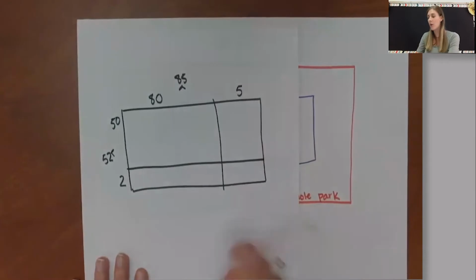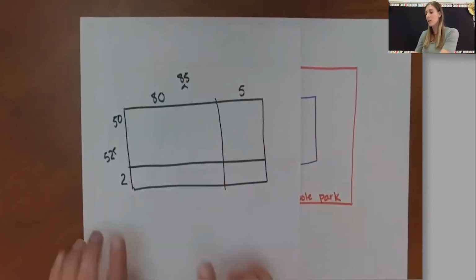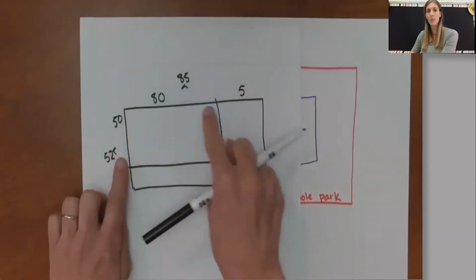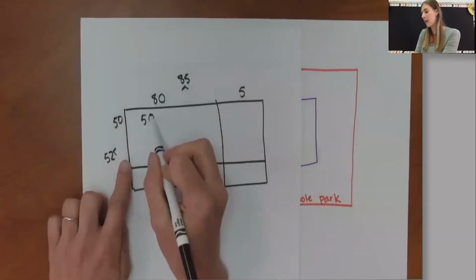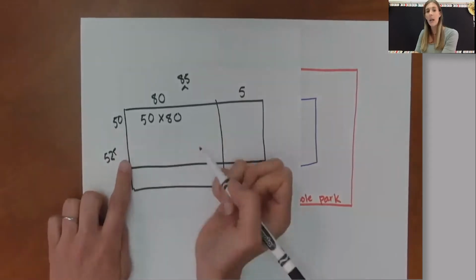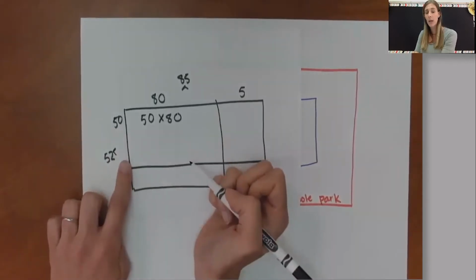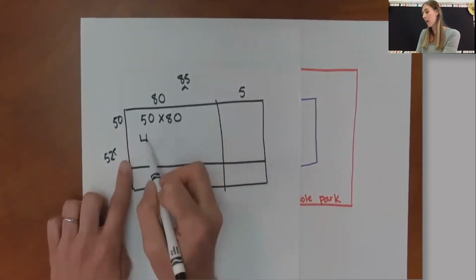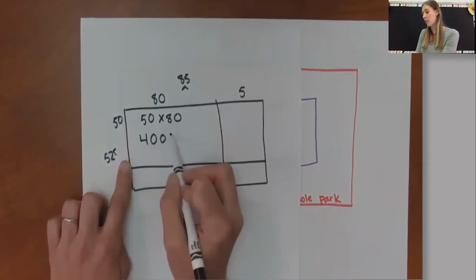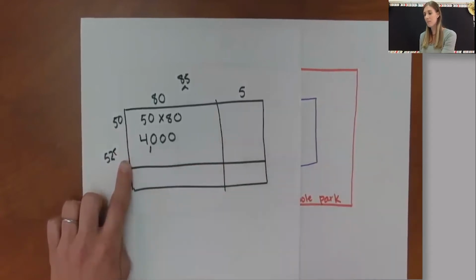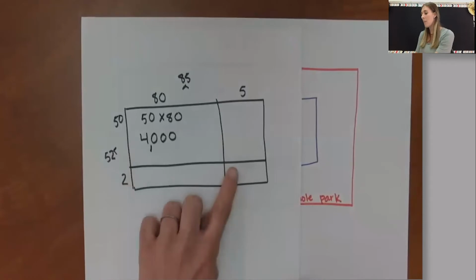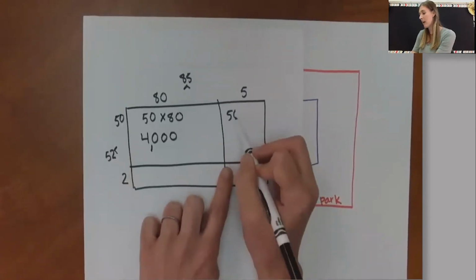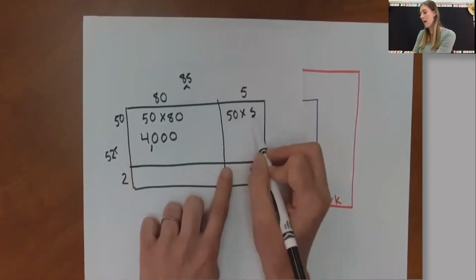And then I'm going to go through and find my partial products so that I can find the total product. So I'm going to start with my length times width here, 50 times 80. I know 5 times 8 is 40. So 50 times 80 is 4,000. My length is 50 times my width 5.